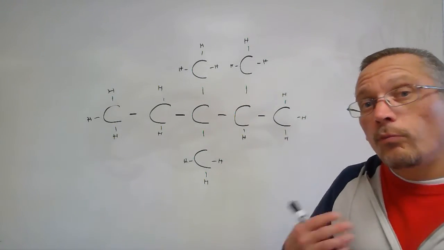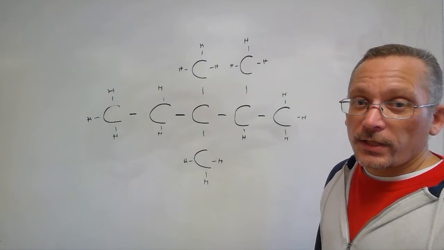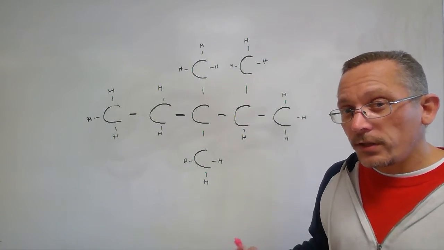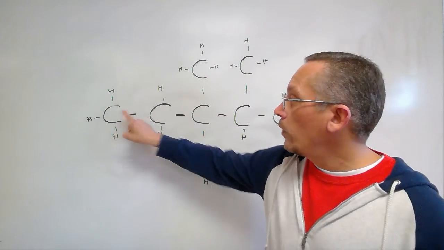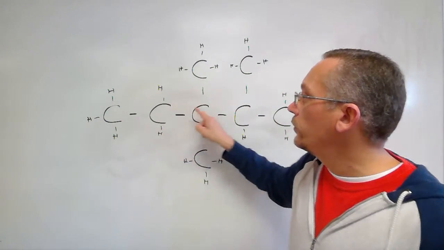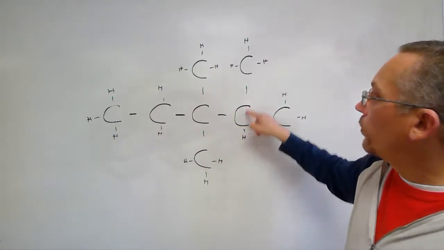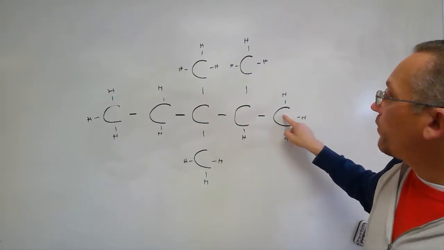What happens if I have more than one branch? Okay, let's take a look at this one here. This one has more than one branch. Let's first identify what is the longest chain of carbon atoms that we can make. Okay, I could go 1, 2, 3, 4. 1, 2, 3, 4, 5.